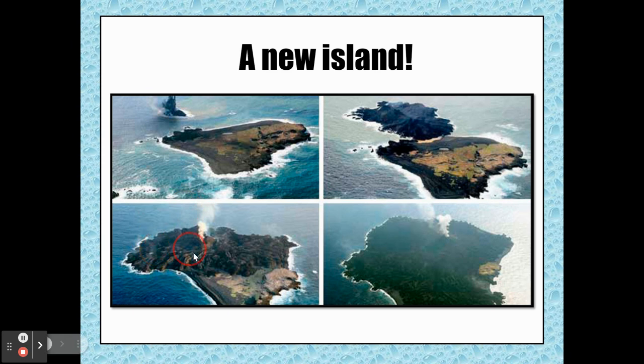It is now engulfing the other island that was close by, and now you've got a larger new island that has formed. All because of the activity happening due to the subduction zone that is causing the volcanic activity to occur.